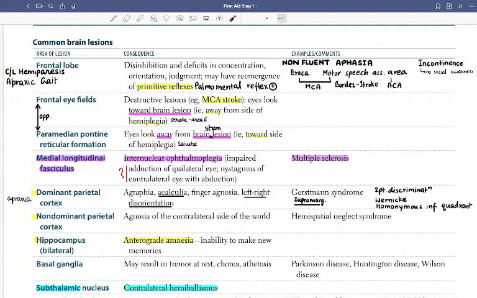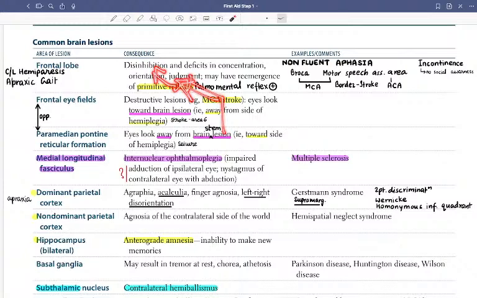So basically here, hemiplegia will always be crossed, because the upper motor neuron is coming like this, and then it crosses at the level of the medulla, and then travels down the spinal cord. So frontal eye field looks towards the side of the brain lesion, and because it's contralateral, it will be away from the hemiplegia.